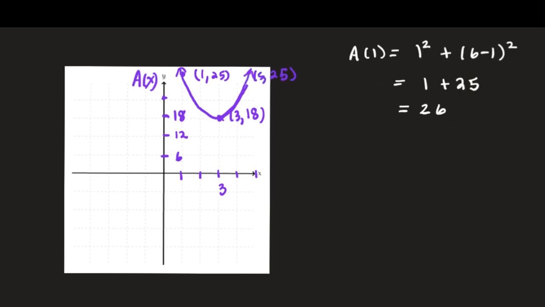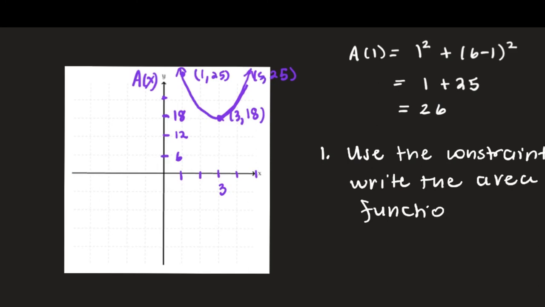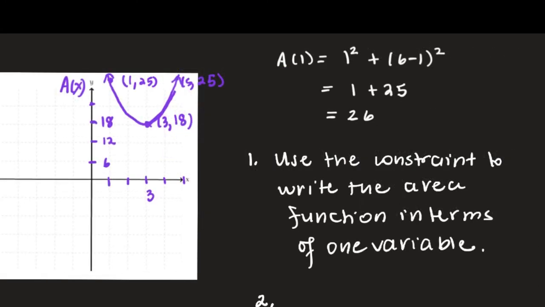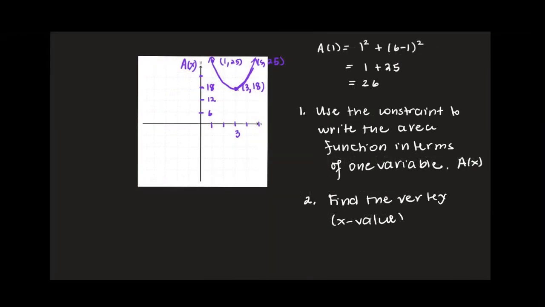To summarize our steps, we use the constraint to write the area function in terms of one variable. To find the x value that optimizes our area function, either minimizes it or maximizes it, we always find the vertex. So we find the x value of the vertex using the formula that x is equal to the opposite of b over 2a.